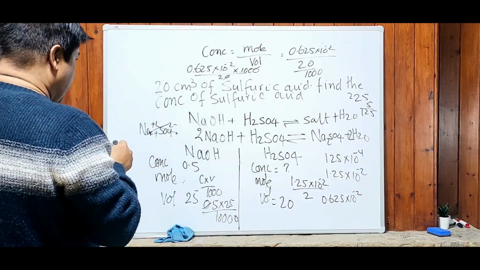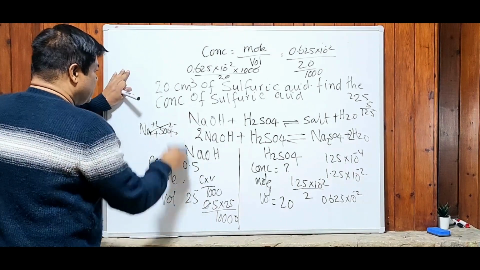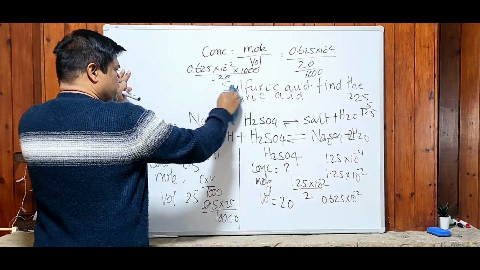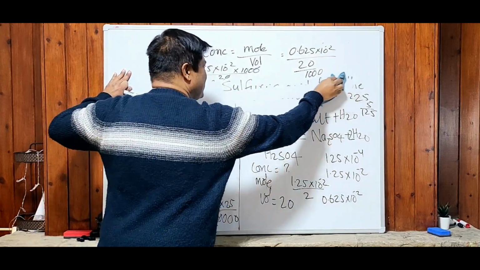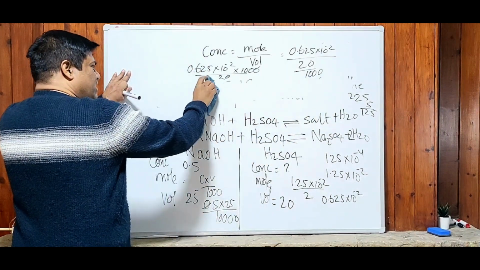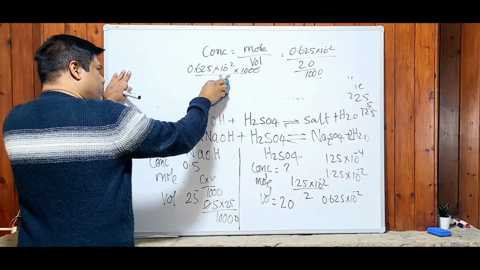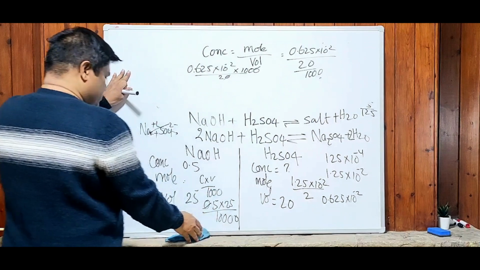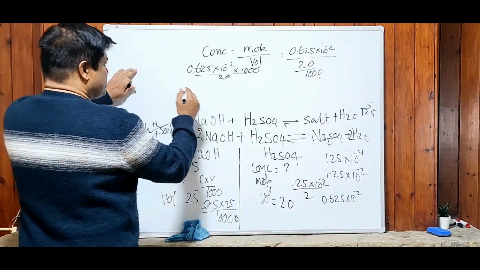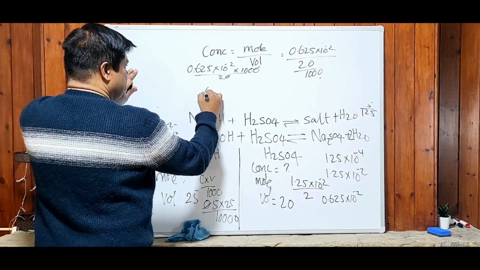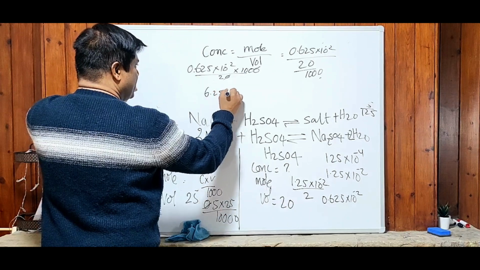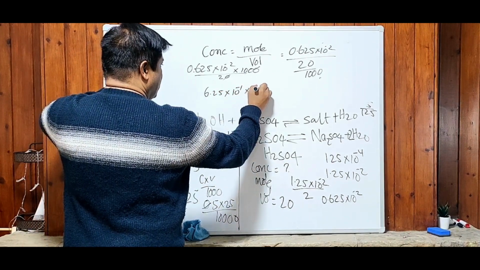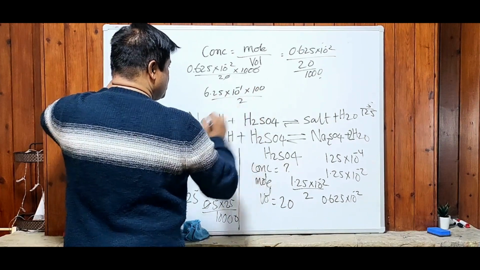I want to rub out some more of the question. I don't have enough space. You can use your calculator, guys. Normally I don't use the calculator, I have a habit of doing this type of calculation. So this is 6.25 into 10 to the power of minus 1 times 100 divided by 2.